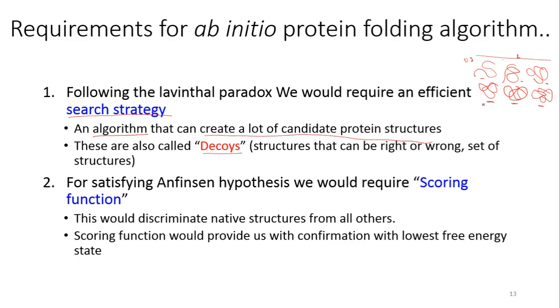There should be something in your protein folding algorithm that would help you discriminate the native-like structures from the other decoys that have been predicted. The scoring function would provide us with the conformation that has the lowest free energy state. As we know from the Anfinsen hypothesis, proteins are supposed to be at their lowest energy state if they want to be functionally active.